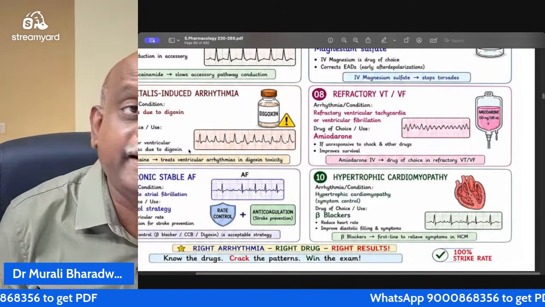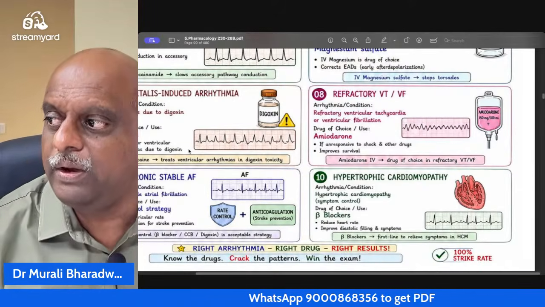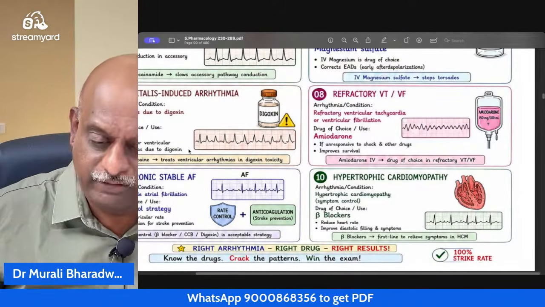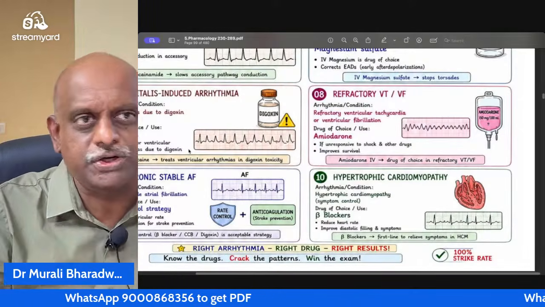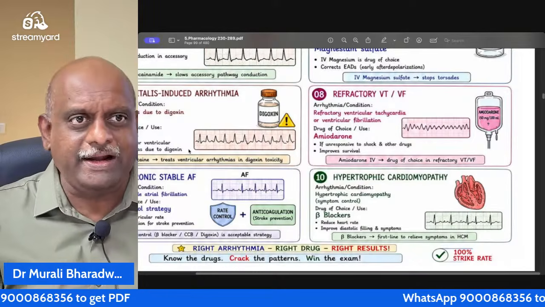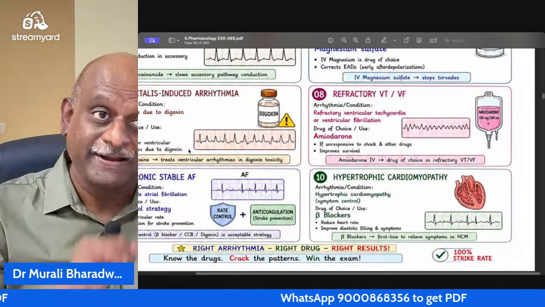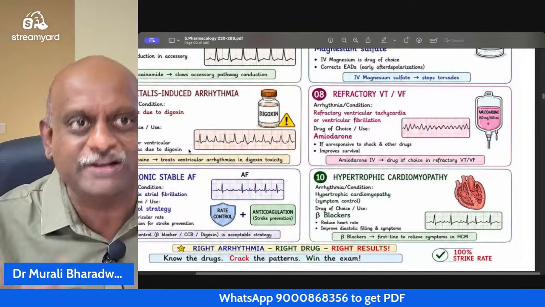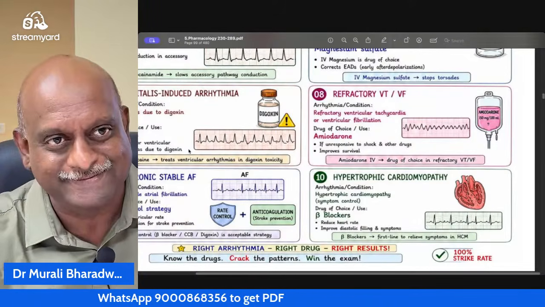Refractory ventricular tachycardia or VF, we give amiodarone. So you have given a shock. Generally the shock should defibrillate. But if the shock is not defibrillating: shock, amiodarone, shock; then bretylium, shock.